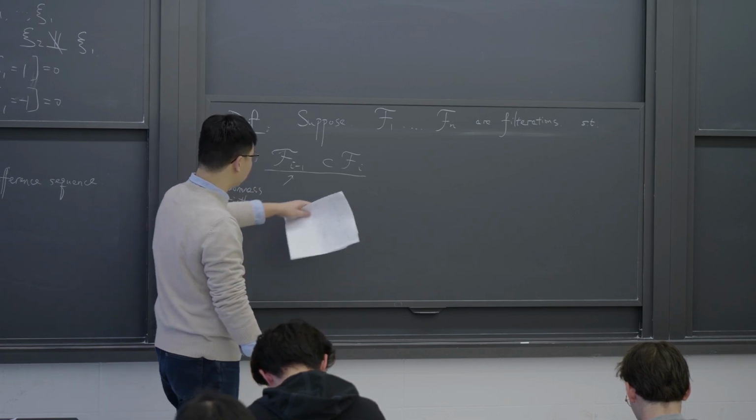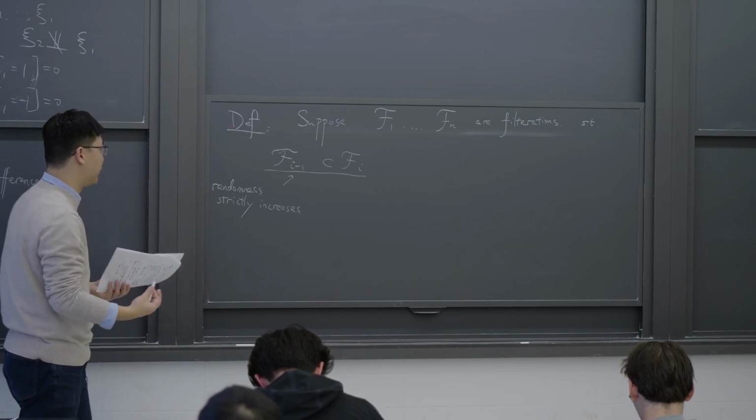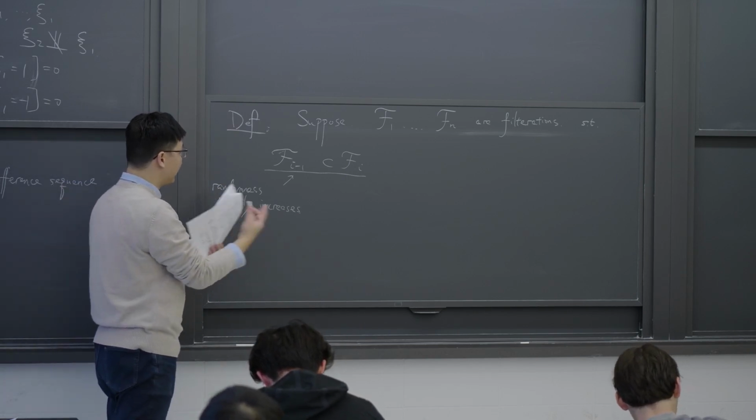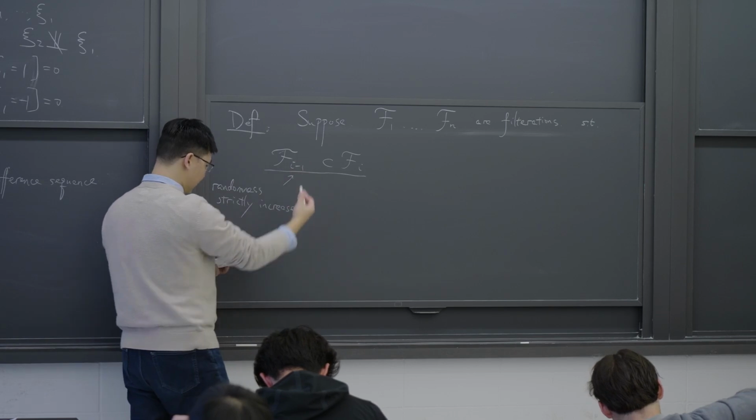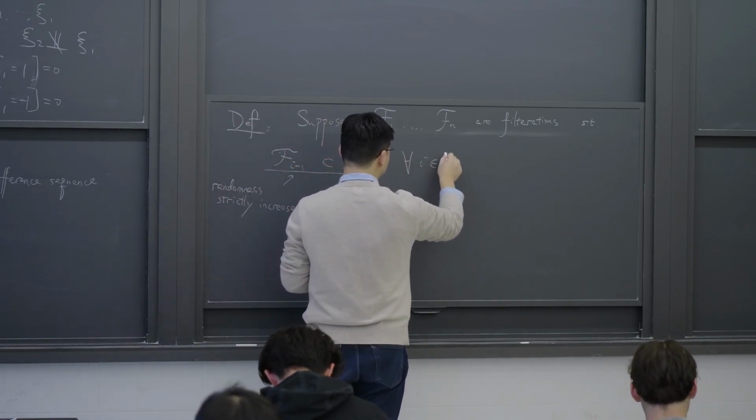So for now, you just understand this sigma field Fi as all the randomness up to time i, from time step 1 to time step i, so that you have this inclusion condition for any i.